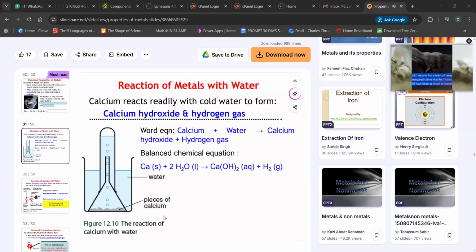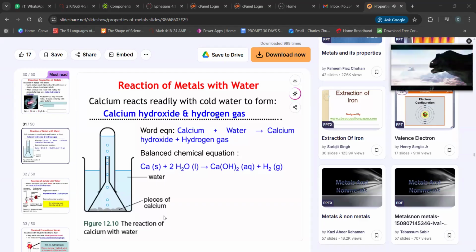Remember the reactivity series. Those ones that are unreactive, you can use a catalyst and prompt them to do what the reactive ones have just done. Different catalysts can be used. So that's it for reactions with water.